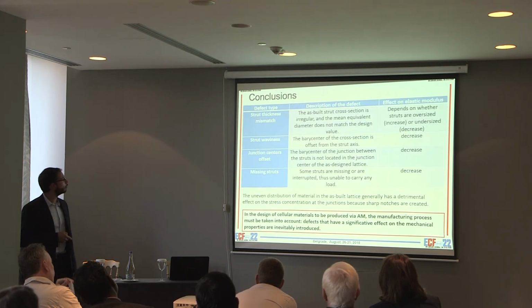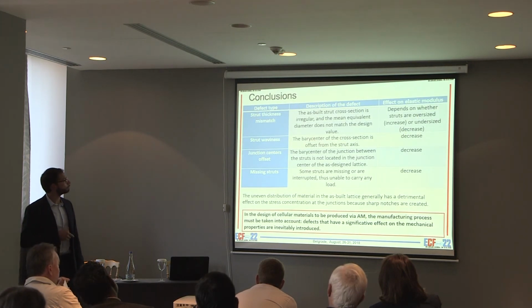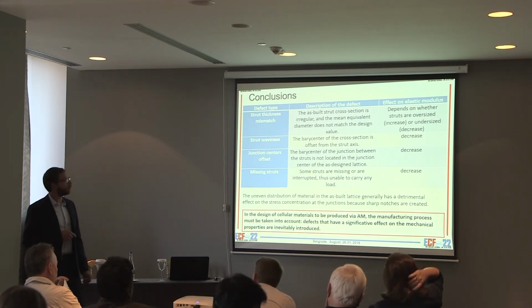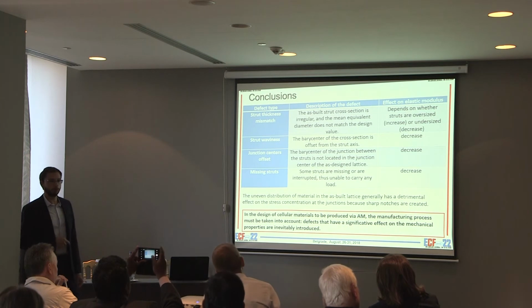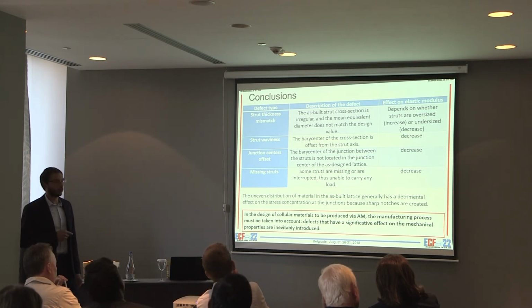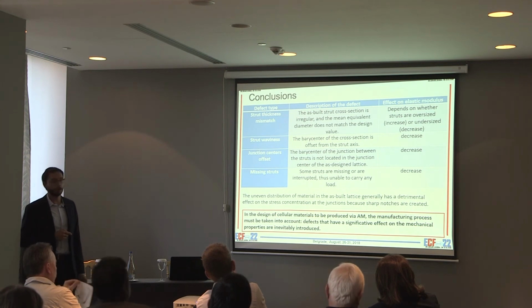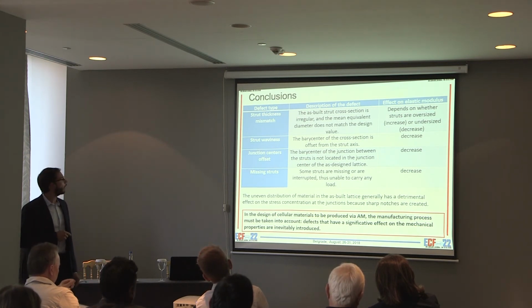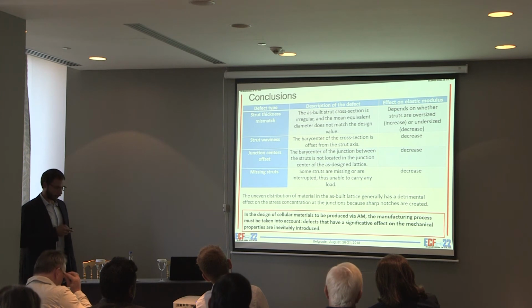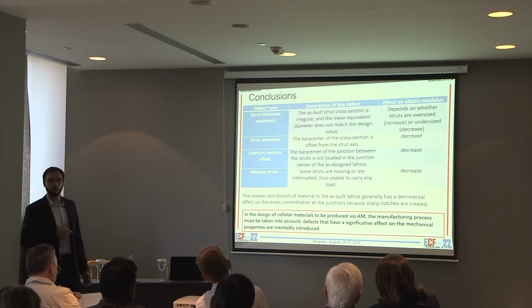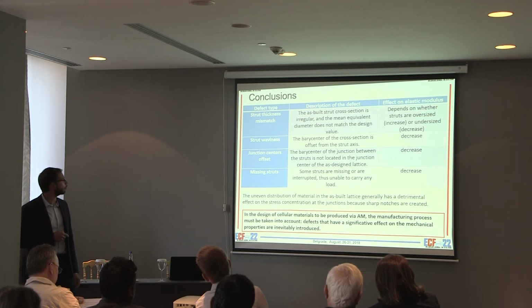So to conclude, I have analyzed the effect of the geometrical defects on the elastic modulus and the stress concentration factor of the cellular structure with the aid of computed tomography and finite element analysis. And overall, I observed that there is a remarkable effect of defects on the mechanical properties.